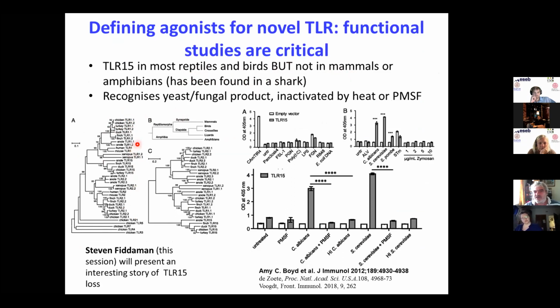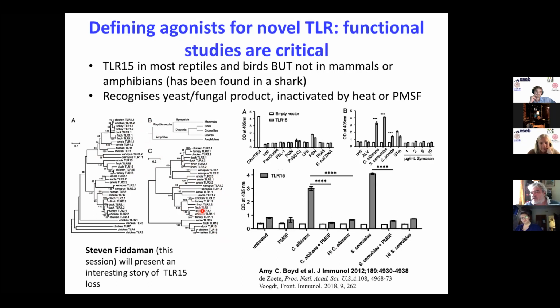But if you look at the extracellular domain, the domain that's responsible for recognizing agonists for activation, then TLR15 is really very distinct from those TLR1s and 2s. So what we know is that the likely signaling profile was 1-2-like, but the agonist, we had no idea.